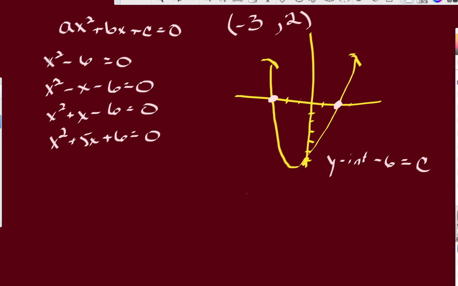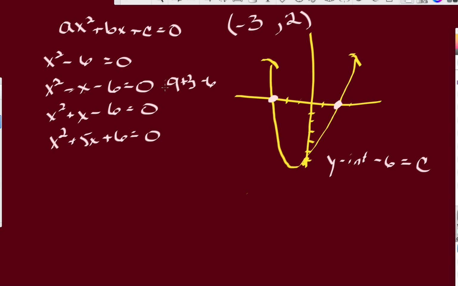Plug in -3. -3 squared minus 6. Does it equal 0? No. 9 minus 6 does not equal 0. Let's put in -3 here. -3 squared is +9. So +9, minus a -3, which is +3, minus 6.